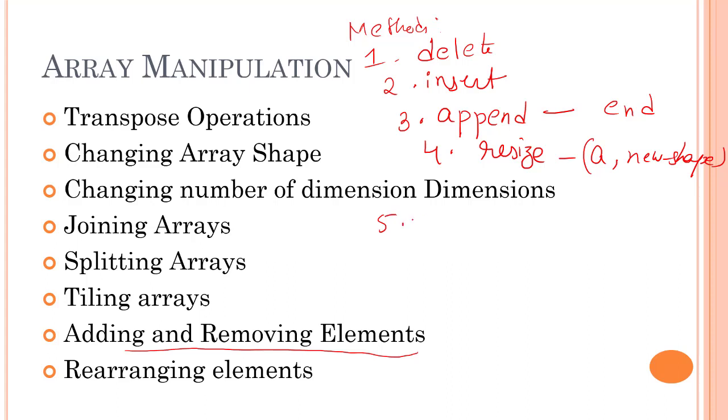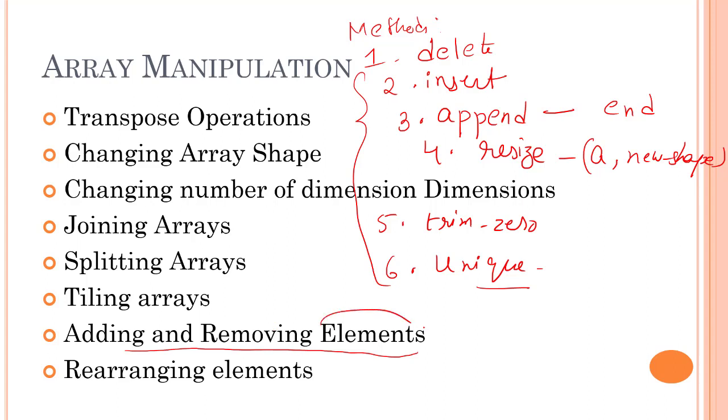The next one is trim_zeros. Basically, it trims the leading and trailing zeros from a 1D sequence. Now the unique method finds the unique elements in an array, those that are not repeated. So this is our sixth method used for adding and removing elements from an array. You can go with 1D, 2D or n-dimensional arrays.